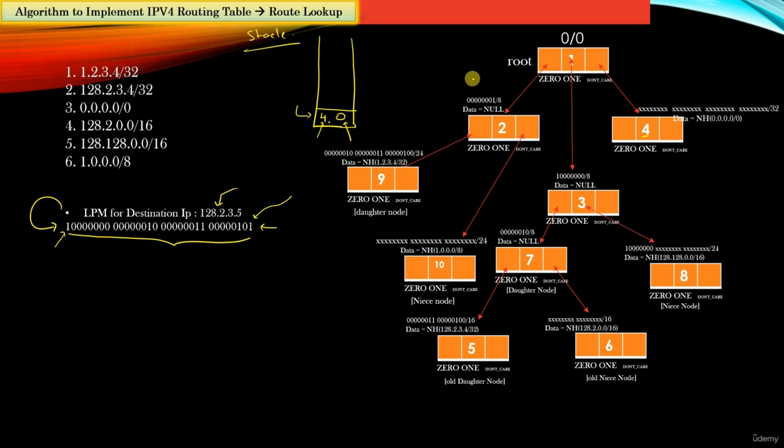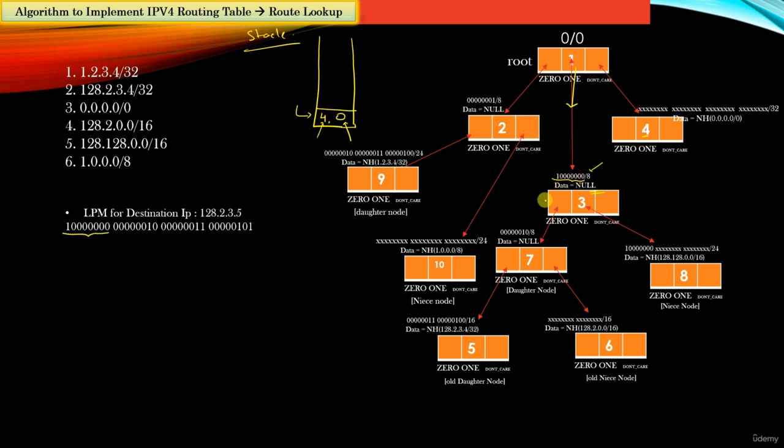So now let us begin our search in this mtry data structure. The first bit of the input string is 1. So we will take the path along the 1st child of the root node, and we land at the node number 3. The prefix length of the node number 3 is 8, so we are going to match the first 8 bits of our input string with the first 8 bits of the node 3.